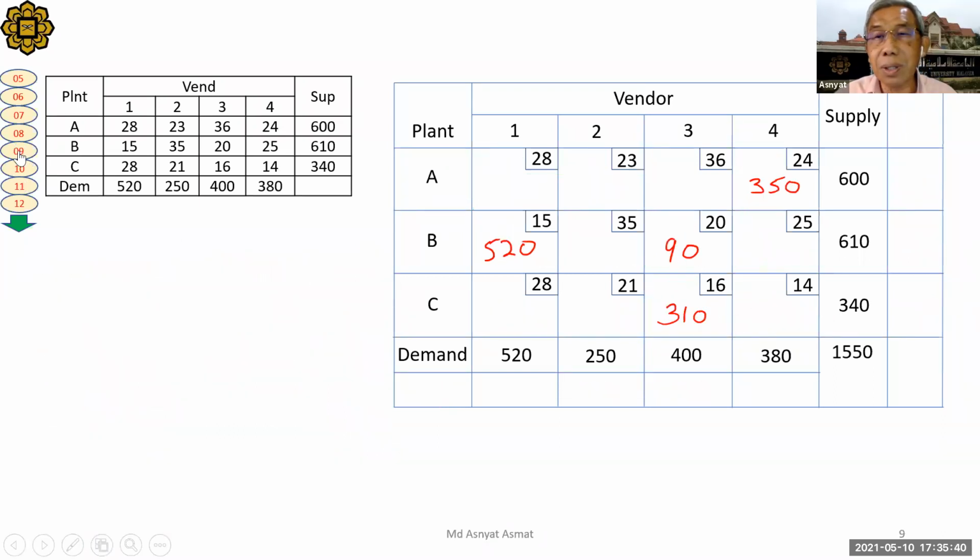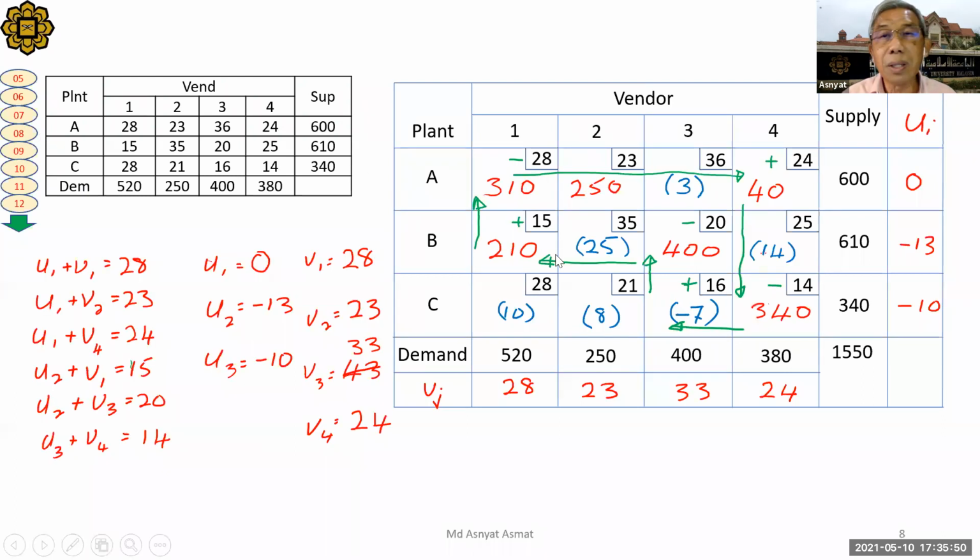We write 30 here. Then those not affected by the closed path, we have only one, 250. This is not affected by the closed path. So we retain that 250.